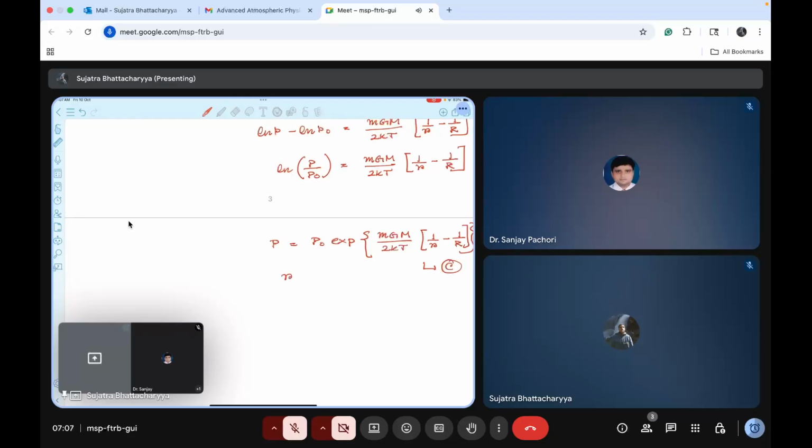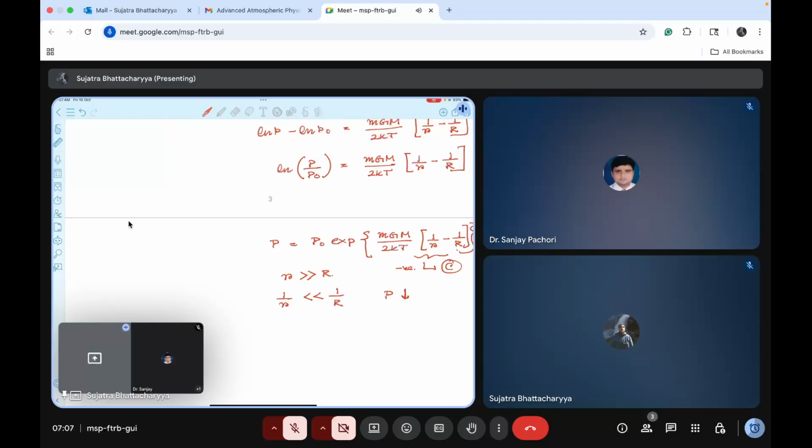Now, if r is much greater than capital R, then 1 by r should be much less than 1 by capital R, just the inverse. If 1 by r is less than 1 by capital R, then this expression should be negative. Therefore P, the pressure, should decrease, which is perfect.